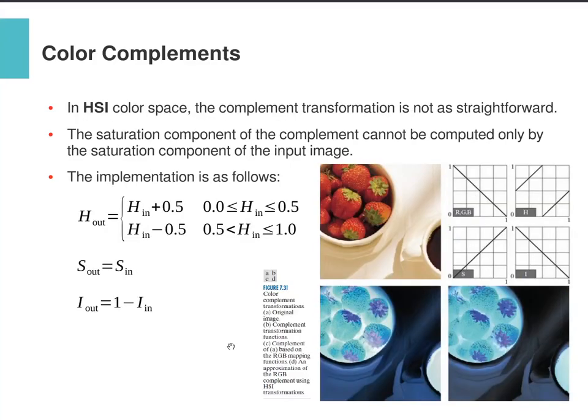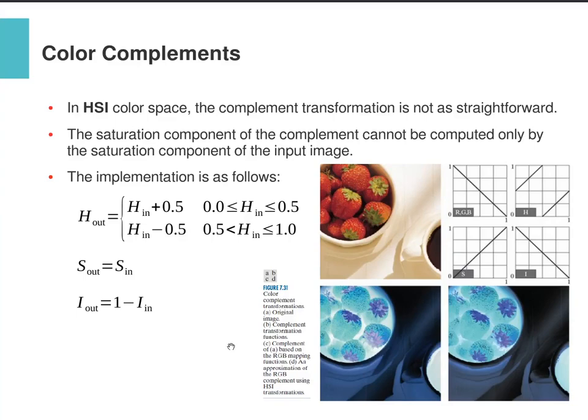The same can be said about CMYK as well, but in the HSI color space, the complement transformation is not as straightforward. The main reason is that the saturation component of the complement cannot be computed only from the saturation component of the input image.